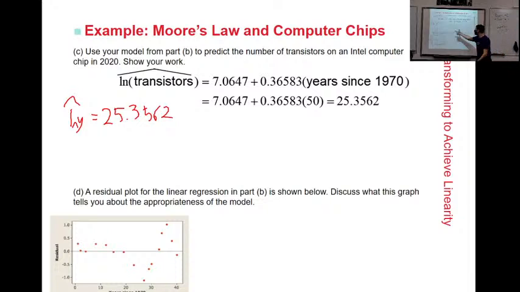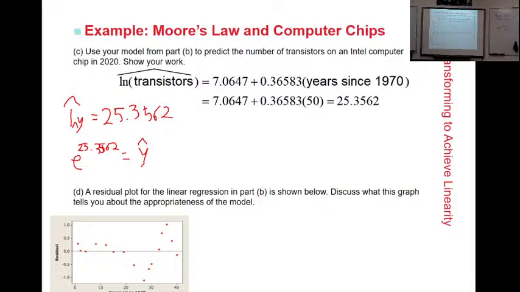So this number is telling me that this is the exponent I want to use when the base is e, in this case, since we're having a natural log. Natural log uses the base of e. So I can rewrite this to say that e to this exponent equals y hat.